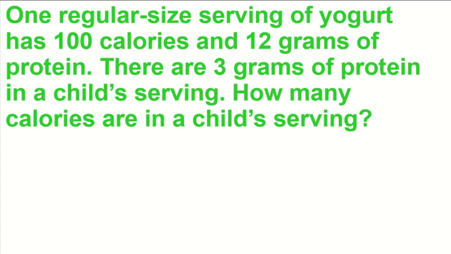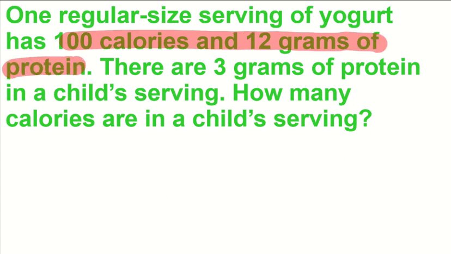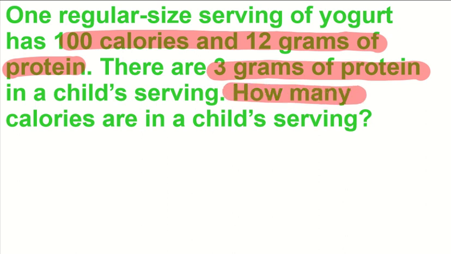Jacob? Yeah, 25 is going to be correct. So for the proportion, we've got 100 calories, 12 grams of protein, 3 grams of protein, and we're looking for how many calories.